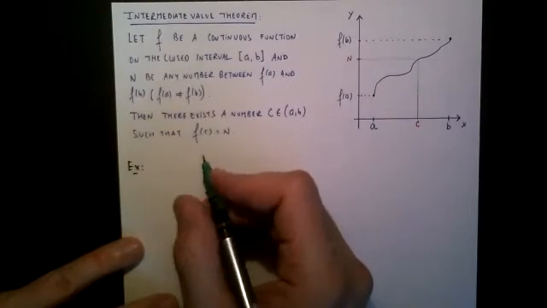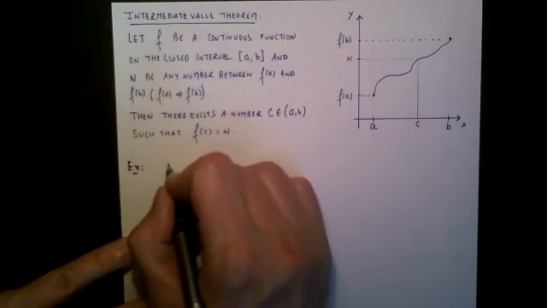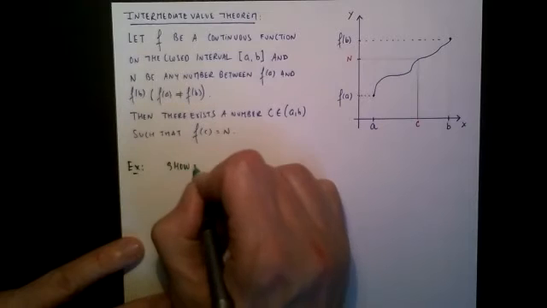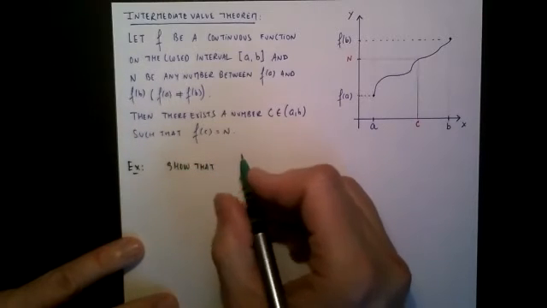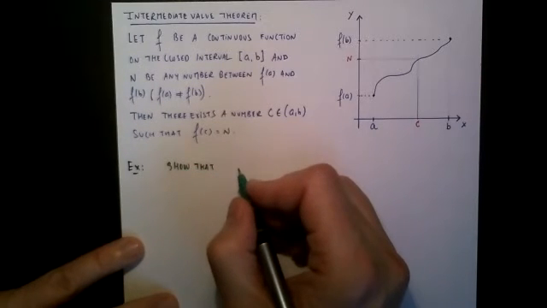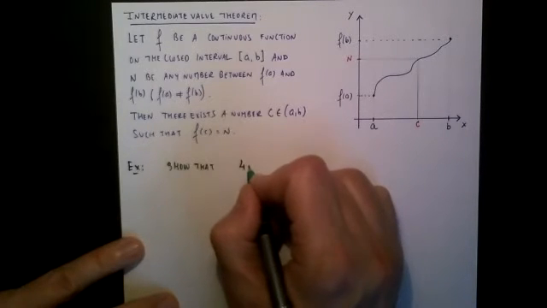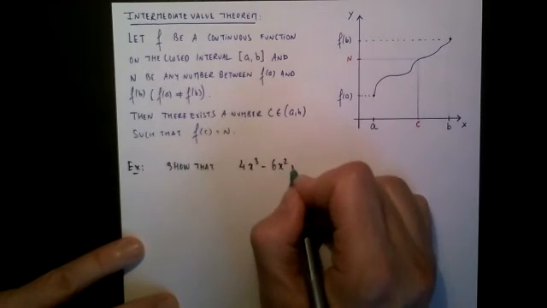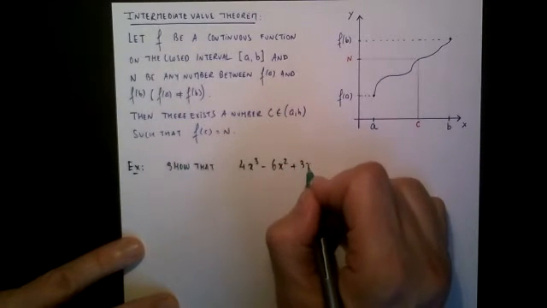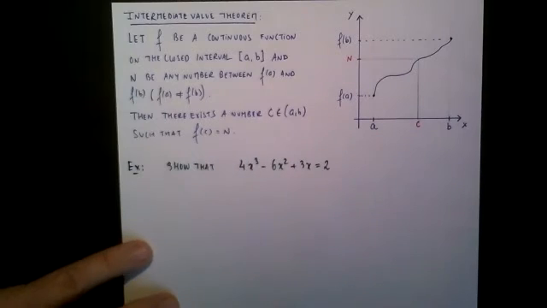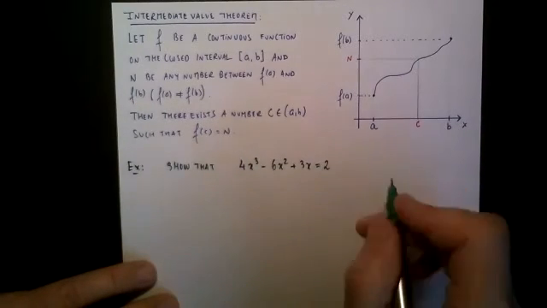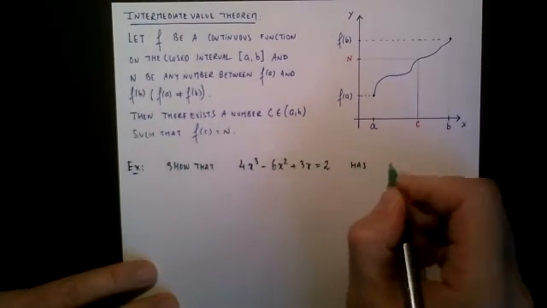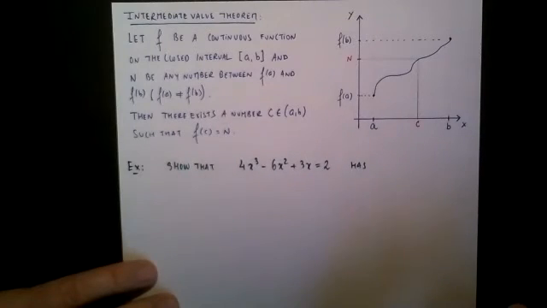So the example: show that 4x cubed minus 6x squared plus 3x equals 2. So this equation here has, so we don't know how to solve this. I don't know how to solve this, okay?